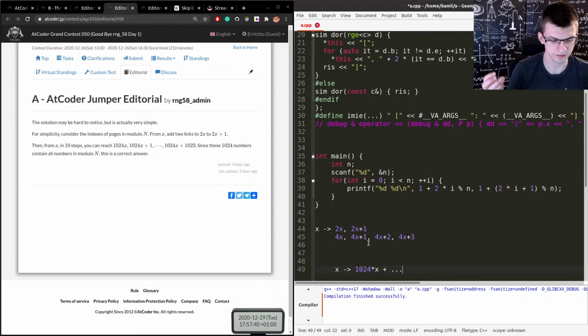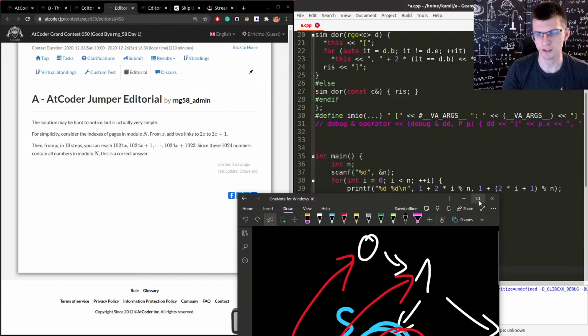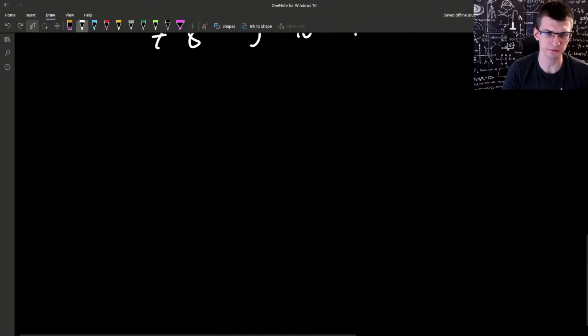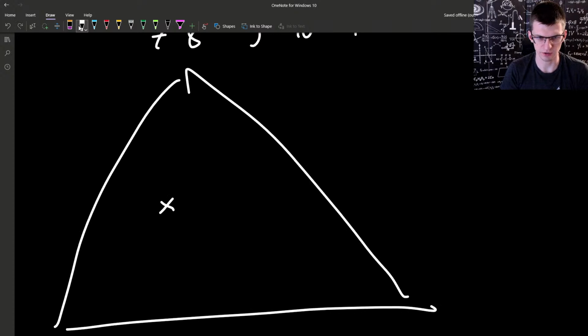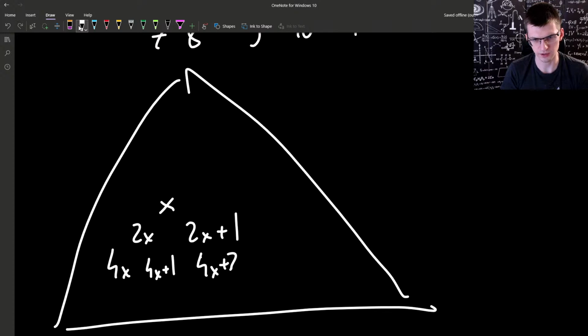Basically, you can look at, I don't know, a binary tree. If you have a huge binary tree with like billions of vertices, and somewhere in this huge binary tree there is x, well, its children are 2x and 2x plus 1. Here there are 4x, 4x plus 1, 4x plus 2, and so on.